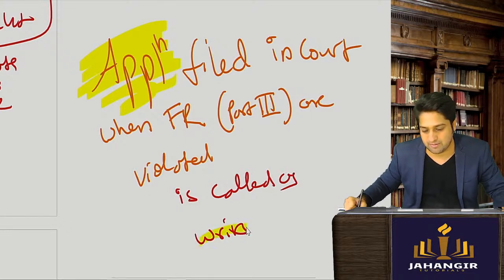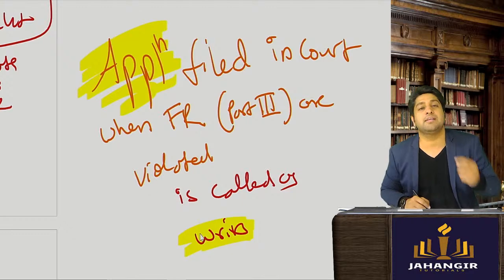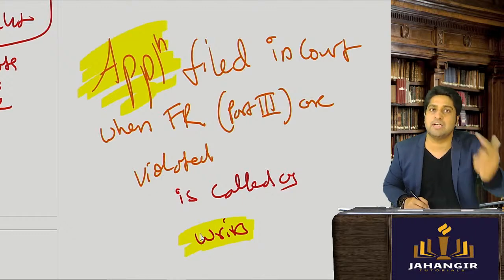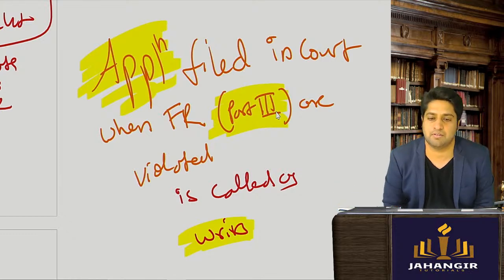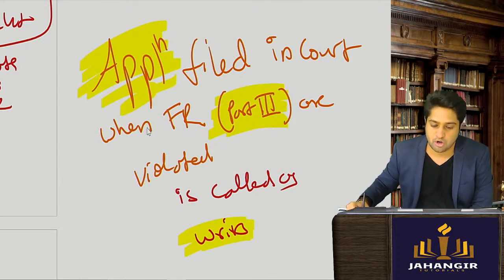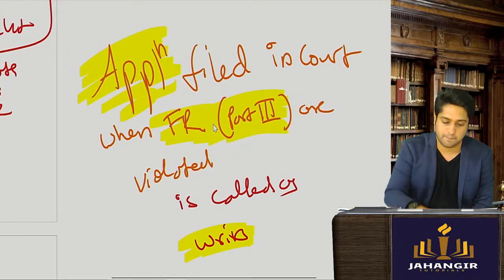Now why a separate name? Because the moment a writ is filed, I will immediately know that Part 3 of the Constitution has been violated, that the fundamental rights of the person have been violated.